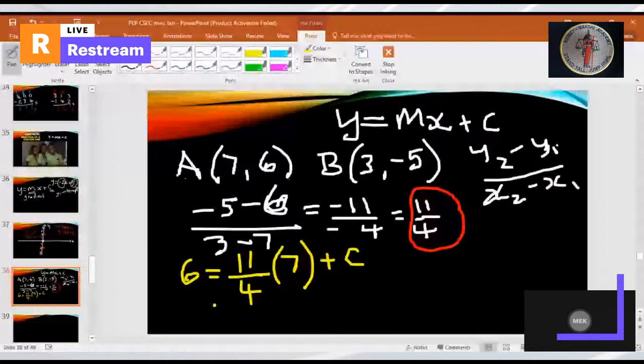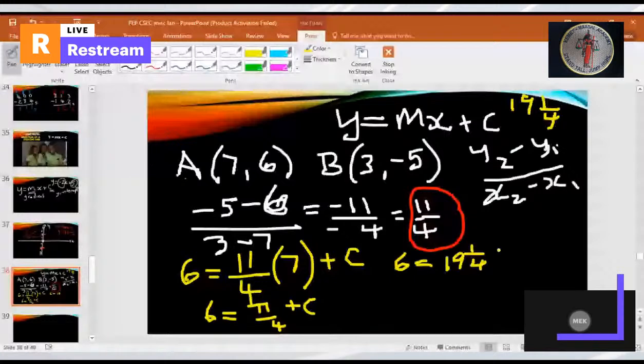And 77 over 4 is 19 and a quarter. So 6 is equal to 19 and a quarter plus c.